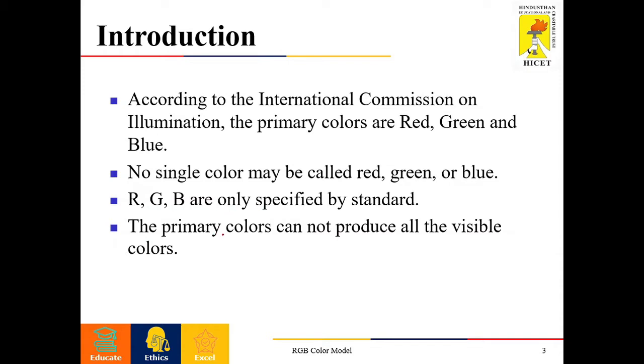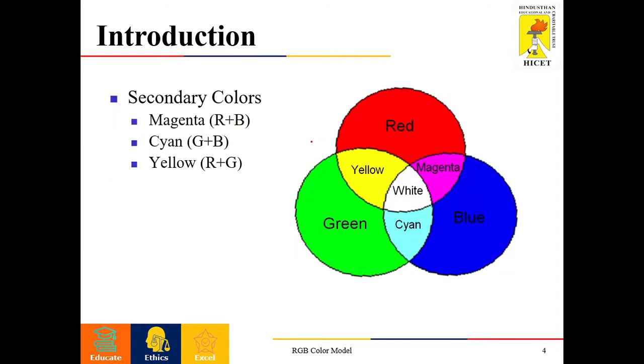The primary colors cannot produce all the visible colors. The combination of any two primary colors will produce secondary colors, which are magenta, cyan, and yellow. An equal combination of red and green will produce yellow. Similarly, red and blue produce magenta, and green and blue produce cyan.